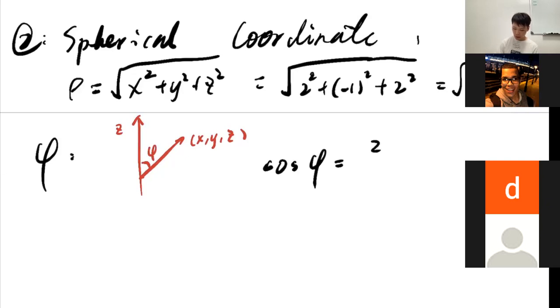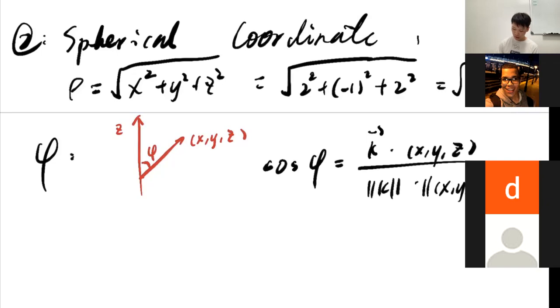The vector on the z-axis is the standard basis k, dotted with x, y, z, divided by the length of k and the length of your x, y, z. Well, the length of k is just 1. That's the standard basis. And the length of x, y, z, we know that is rho. So this is k dot x, y, z divided by 1 times rho.